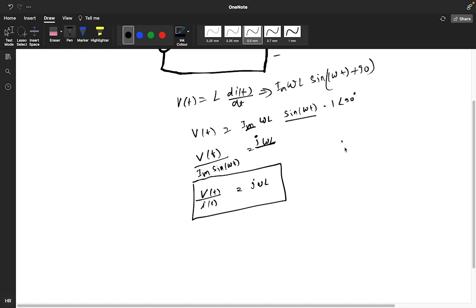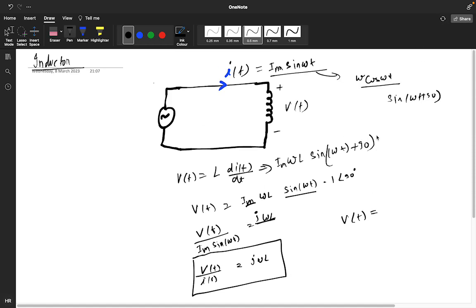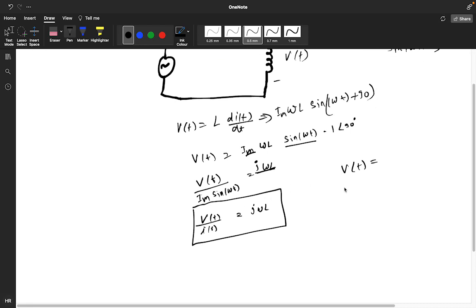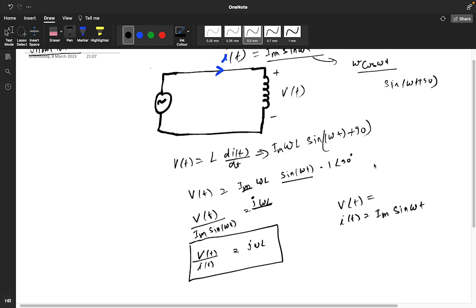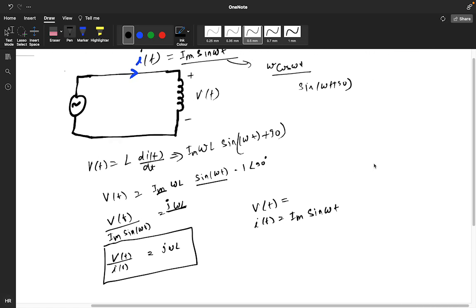Suppose for I of t you are getting Im sine omega t, and for v of t, v is equal to L di by dt. So you are getting Im omega L sine omega t plus 90 degree.